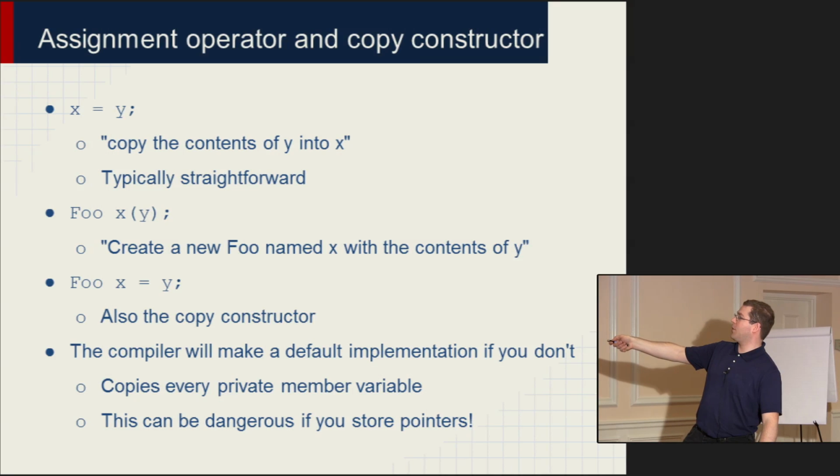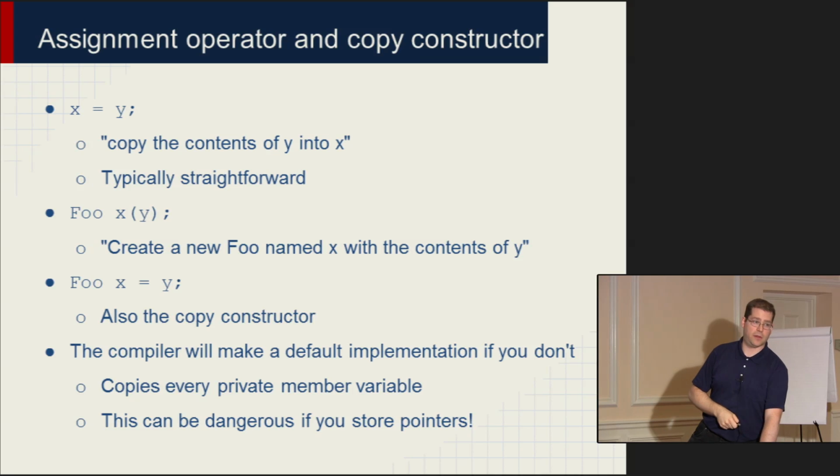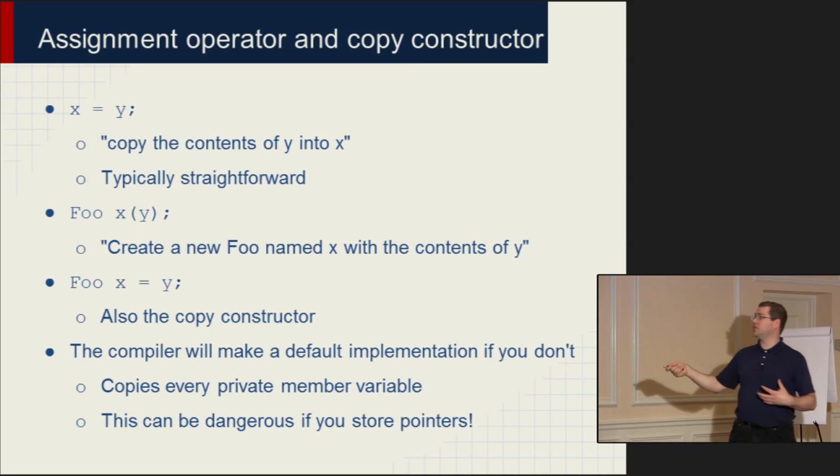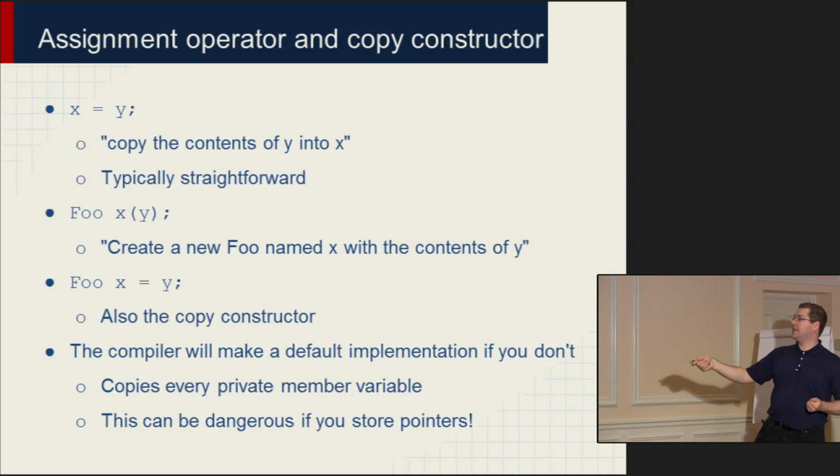This operation actually calls an operator. So you have y, and you're assigning it to x. What this means is you copy the contents of y into the already existing variable x. This is different from the copy constructor here. Since you're adding this type name, this has a different meaning.